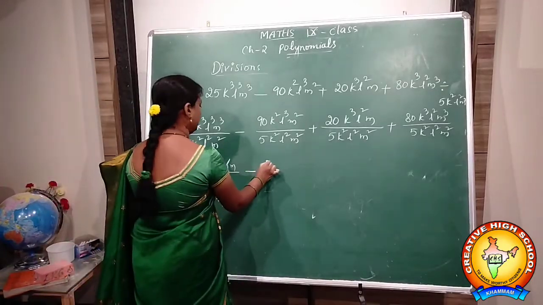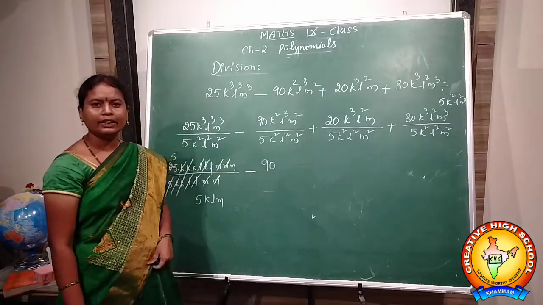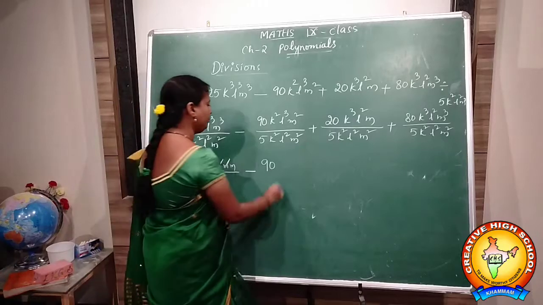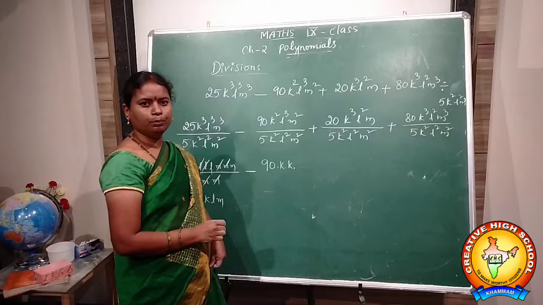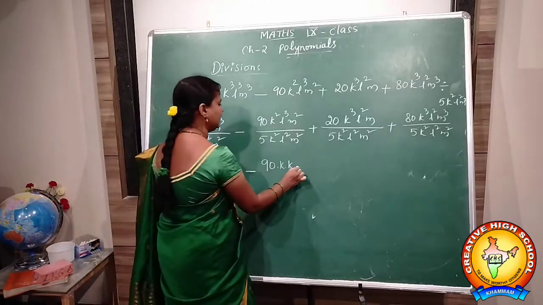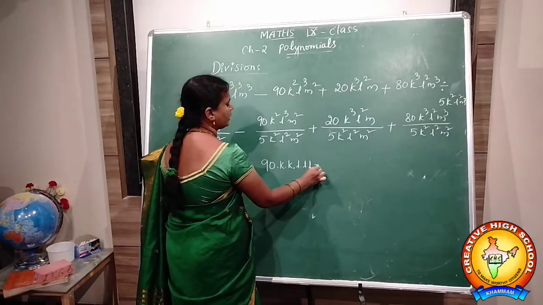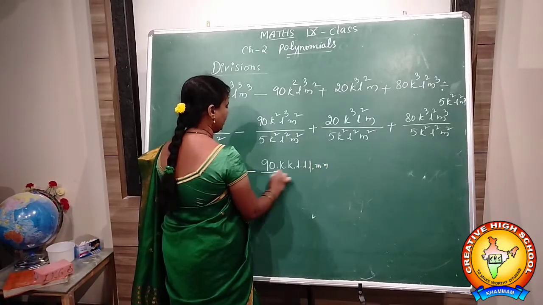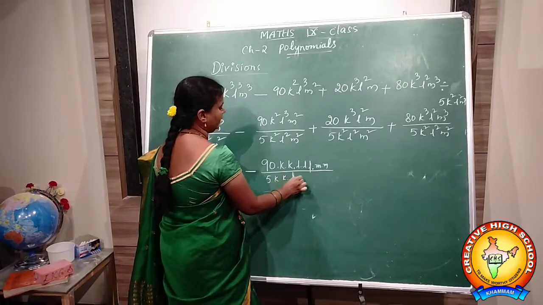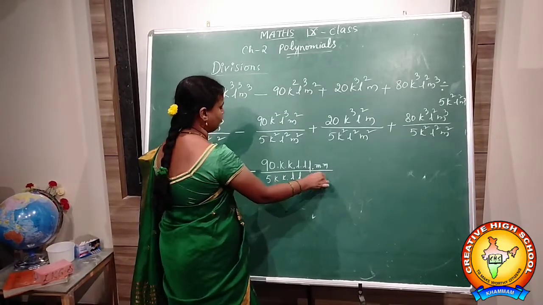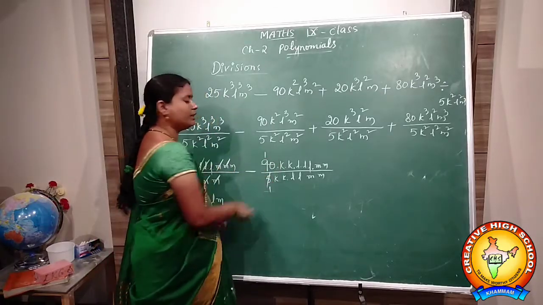Next, 90 k square. If we write this k square in expanded form, it will become k into k, L cube, L into L into L, M square, M into M, by 5 into k, L, M into M. 5 ones are 5. 5 ones are 5.